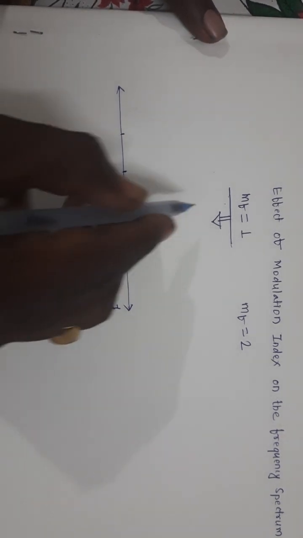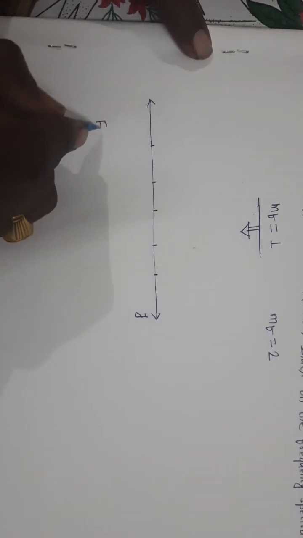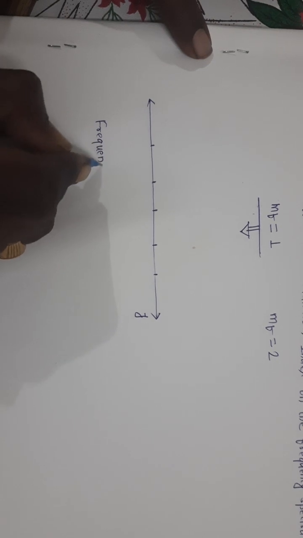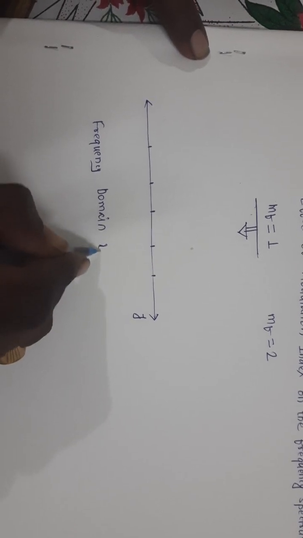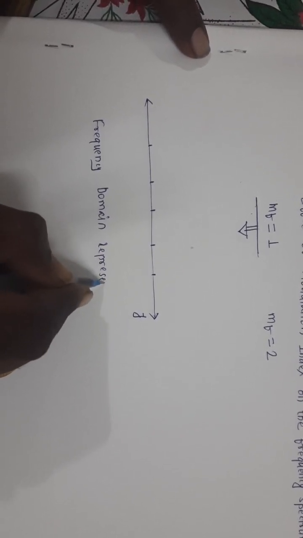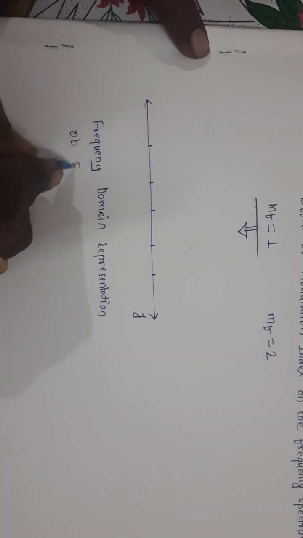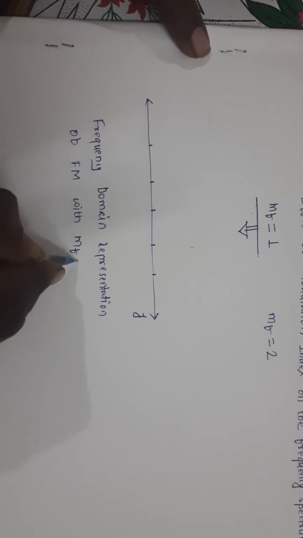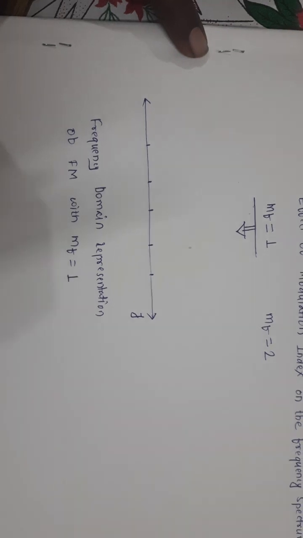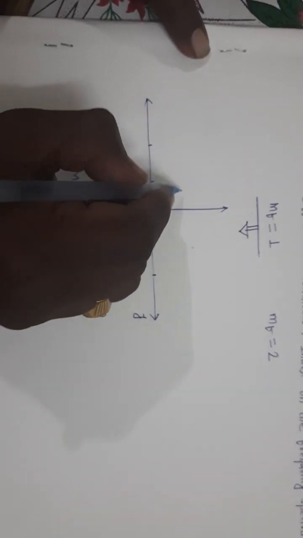So I am drawing the frequency domain representation of FM with modulation index MF equal to 1. The spectrum I am drawing is just like this.